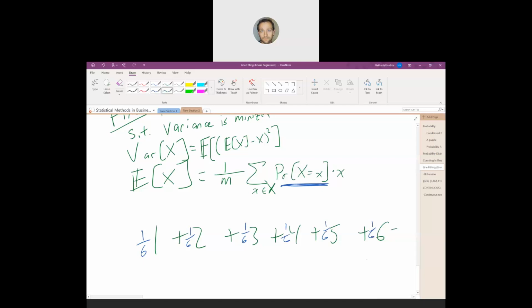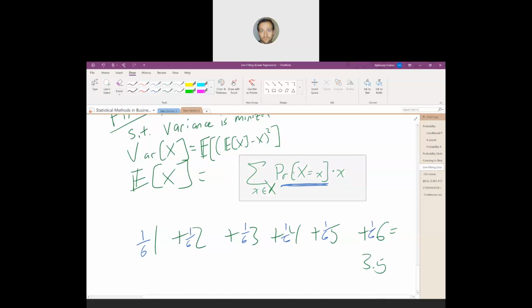And this would equal 3.5. Oh, I'm sorry, actually, you don't need this one over there. Okay, so it's a weighted sum, according to the probability.